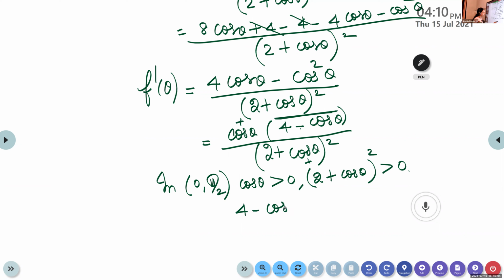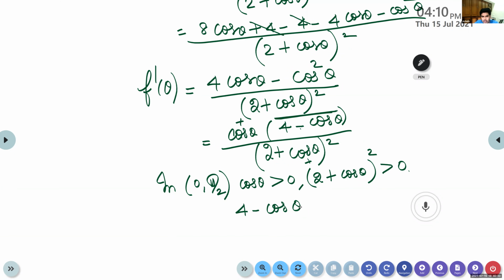Now listen. Don't write, first listen. 4 minus cos theta. We are taking theta between 0 to pi by 2, that is between 0 to 90. In the interval 0 to 90, what is the maximum value of cos and what is the minimum value of cos?